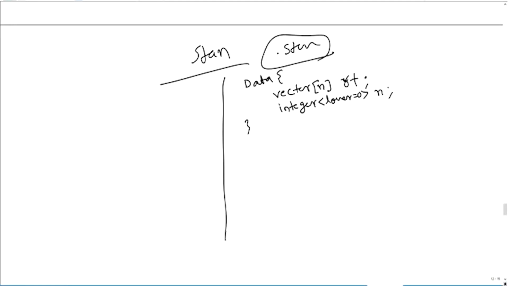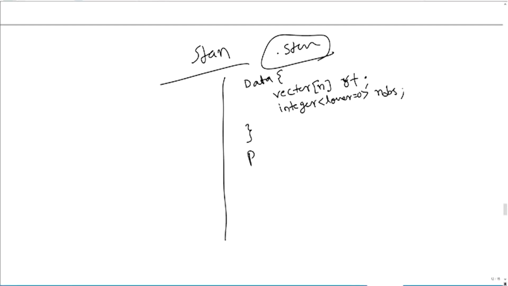So n is basically the number of observations, right? Or you can call it n_obs or something. So these are the things in the data. You can have other things as well if they are predictors or something.